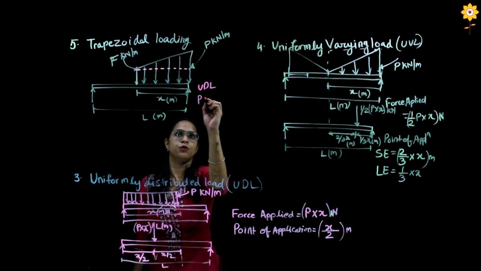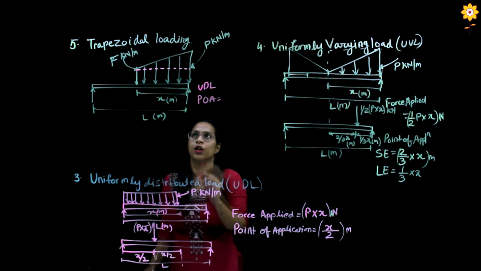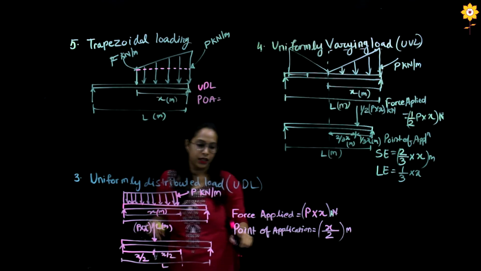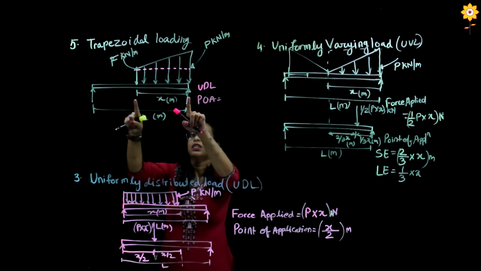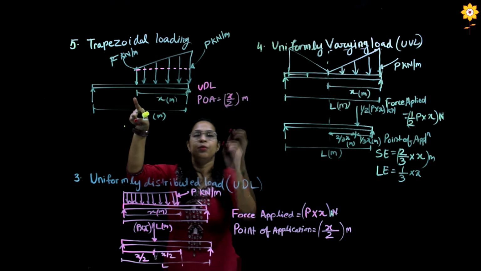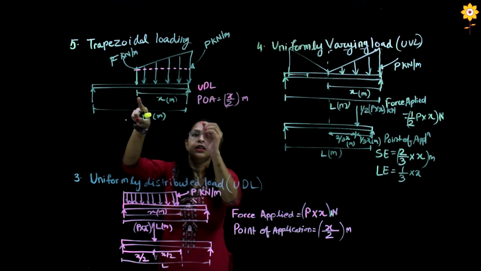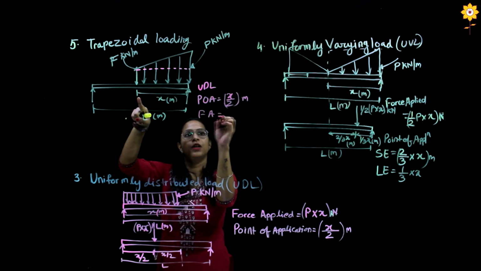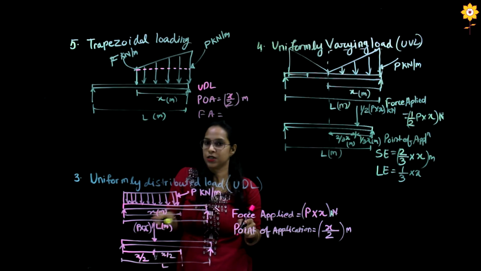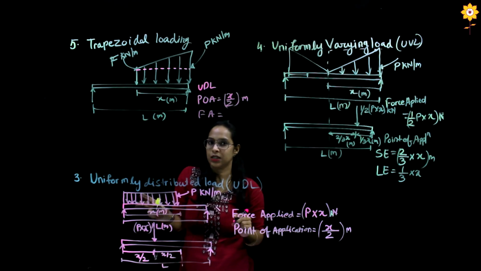The point of application for the UDL is x by 2, so the distance would be x by 2 meters. And the force applied would be how much? That is F into x, the force into the distance over which the UDL is placed.